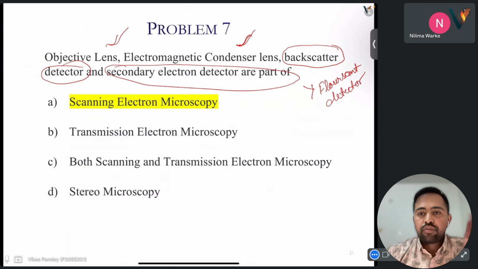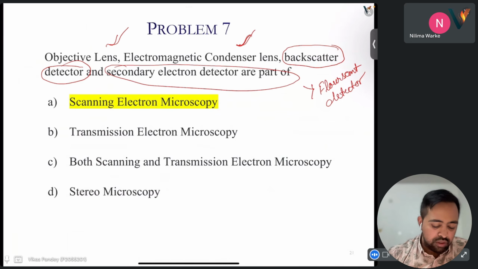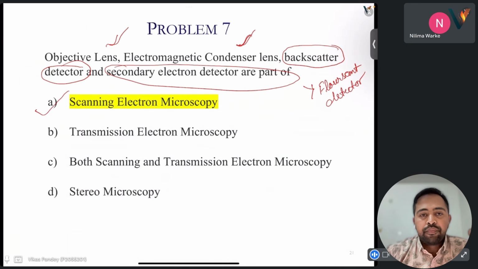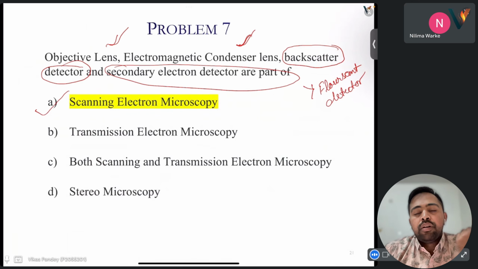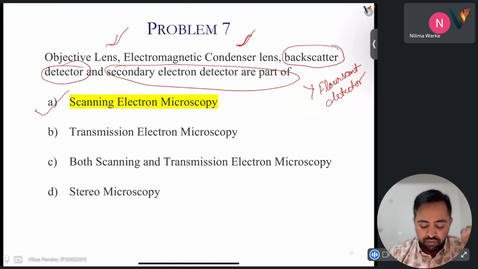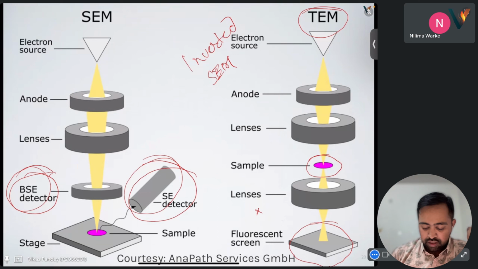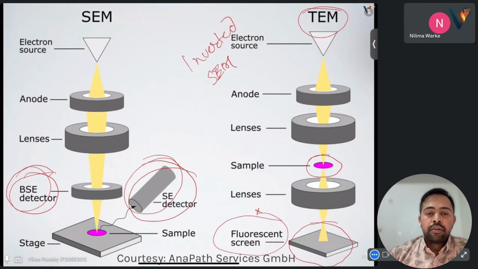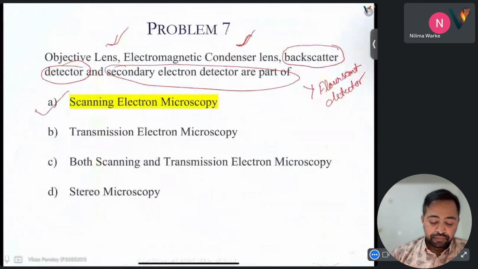So the detector differs in this case. Though TEM also uses electrons, it is different in the sense of the detector. Here, a fluorescent screen is used. In SEM, backscattered and secondary electrons are detected.